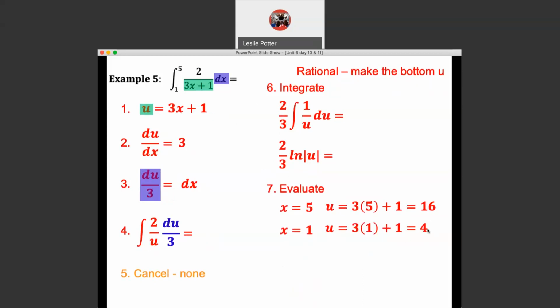So our new bounds for evaluation of this antiderivative are 16 and 4. So we're going to evaluate that, and that means we're going to stick in 16 and stick in 4. And so it looks like this. If this were a free response question, this is an algebraic answer, you would just leave it alone and move on.